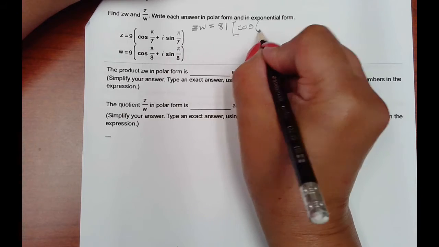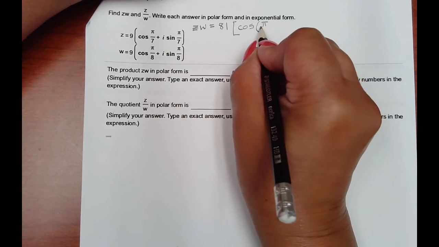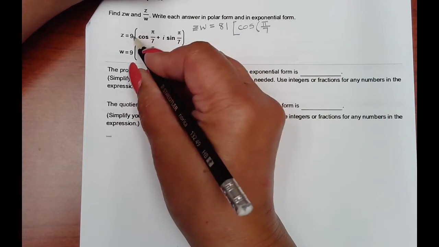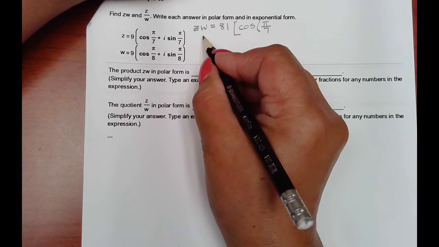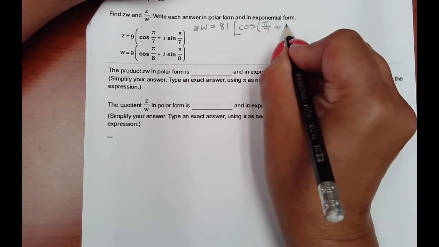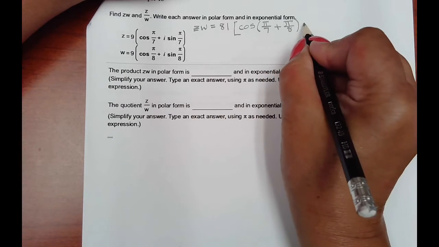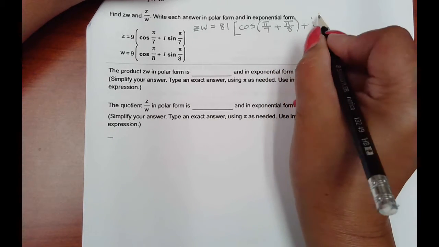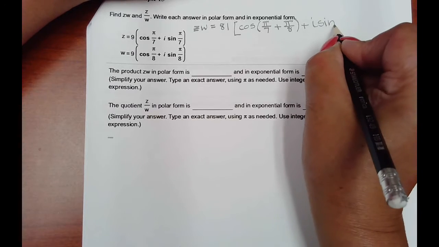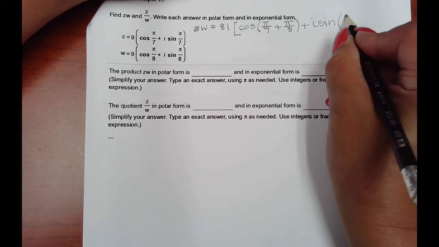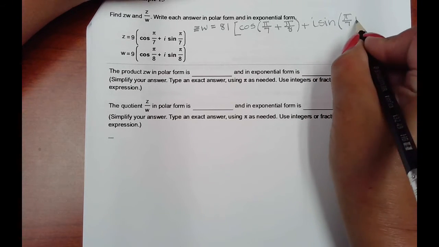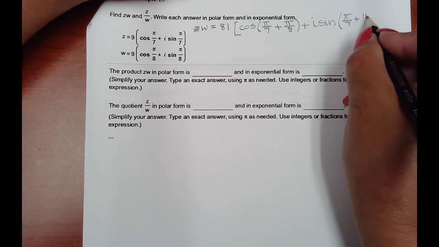And when we're doing a product, we're always adding the angles. We're adding the theta from the first polar complex number to the theta from the second polar complex number in both the cosine term and the imaginary sine term. You can get your calculator to help with those different denominators.